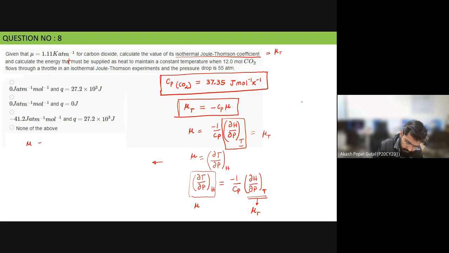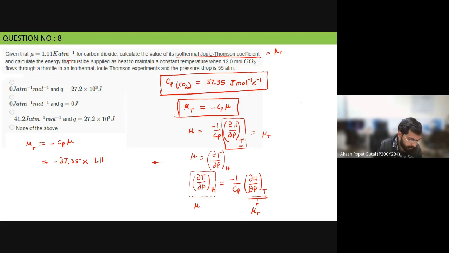If you calculate it, mu T is equal to minus Cp into mu. That will give you 37.35 into 1.11.